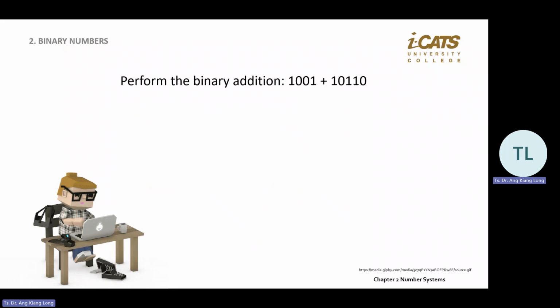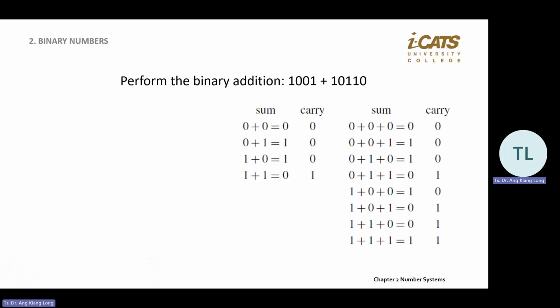So let's do addition. For addition, you need to refer to that table, which will be given in the test, also in the final exam. So let's say we add 2 binary numbers, 10101 plus 10111. How do we do it?